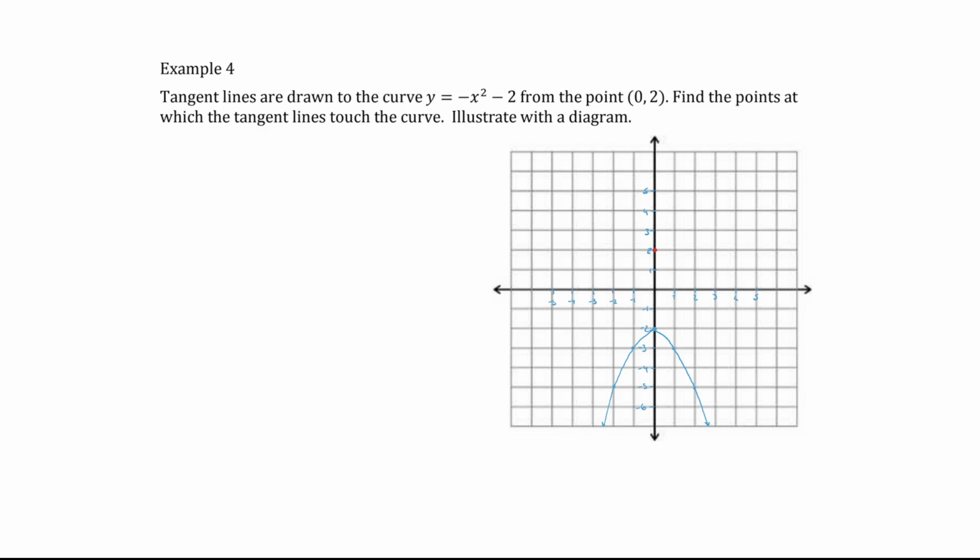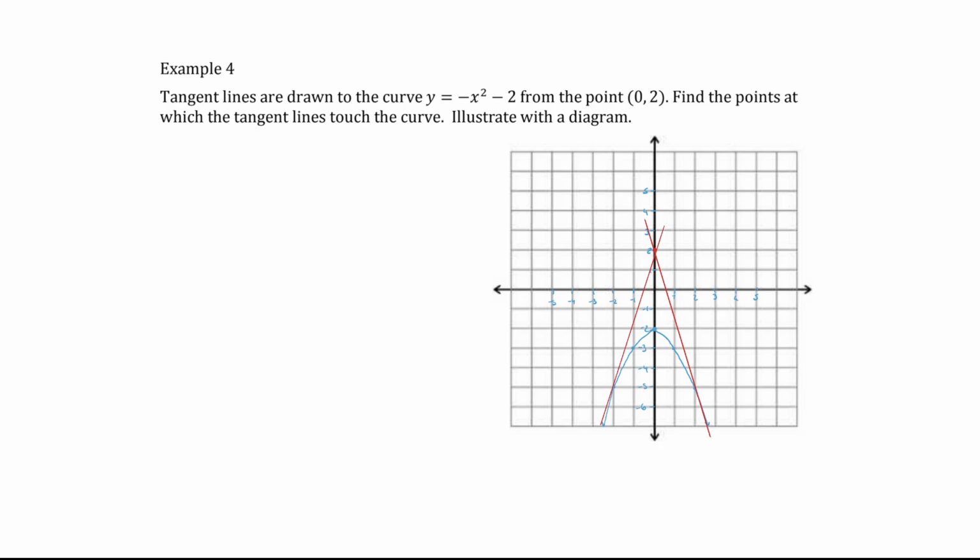Here again, using my handy dandy ruler, I want to find the tangent lines that cross at the point 0, 2. So I'm basically looking for those 2 tangent lines. All right. So visually, these are the tangent lines that I'm after, but now how can I actually find them algebraically?